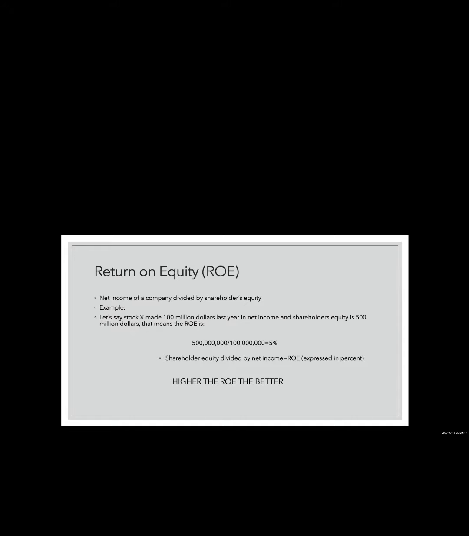You divide that, and then you make it a percent. So net income divided by shareholders' equity equals ROE, and it's always expressed as a percent. The higher the ROE, the better. So you want to make sure that a company has a high ROE, which is a return on equity.